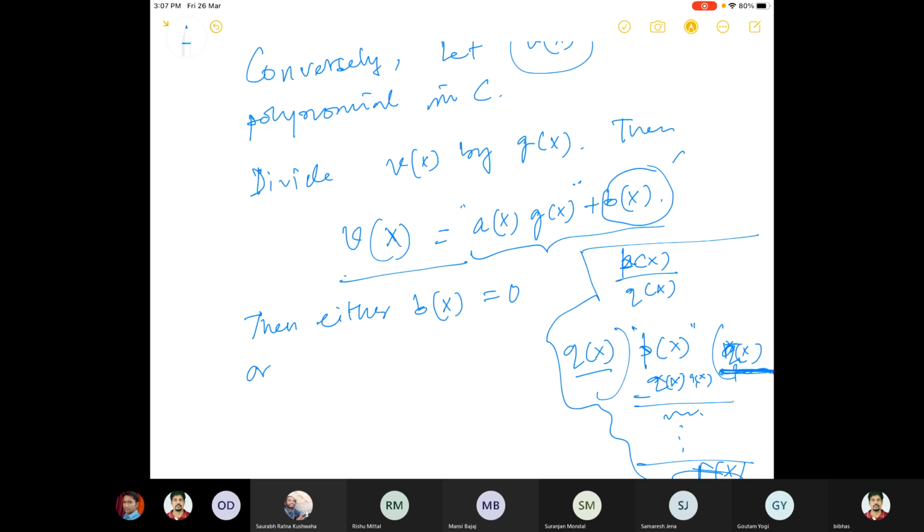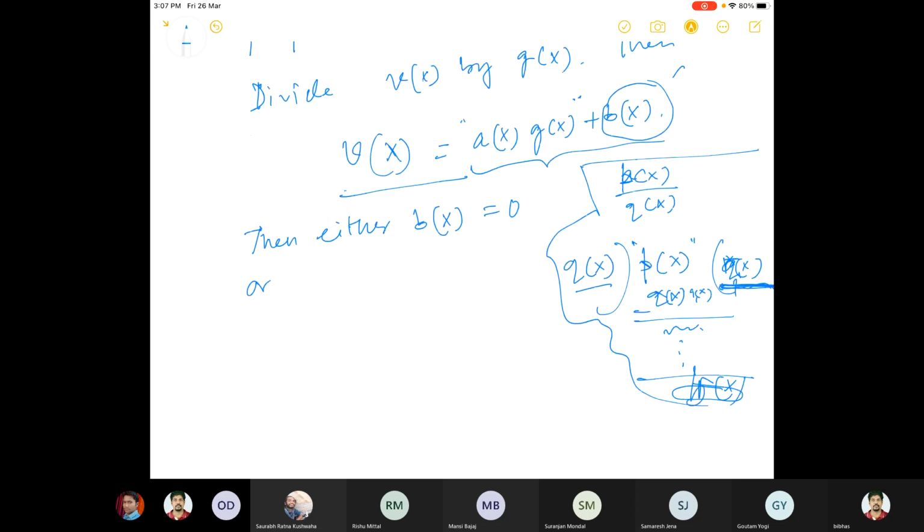Otherwise, you can again multiply something here and do something so that you reach a remainder whose degree is less than the degree of g(x). You can always do that. So either b(x) equals 0, or b(x) is not equal to 0 and the degree of b(x) is less than the degree of g(x).